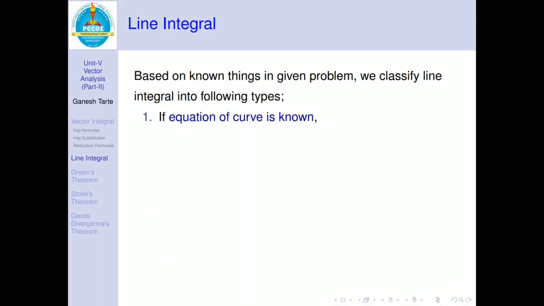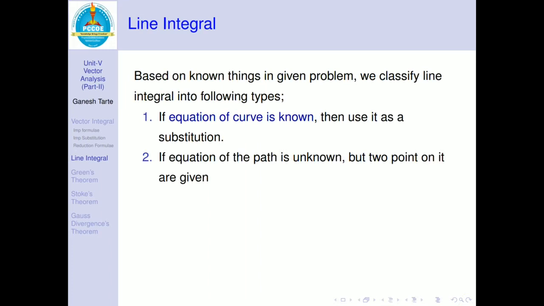For example, if the equation of the curve is known, then use that equation as a substitution. Type second, if the equation of the path or straight line is unknown. We know that it is a path or straight line, but the equation of that path is unknown, but 2 points on it are given.